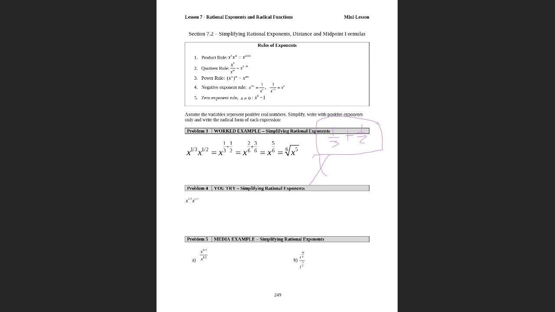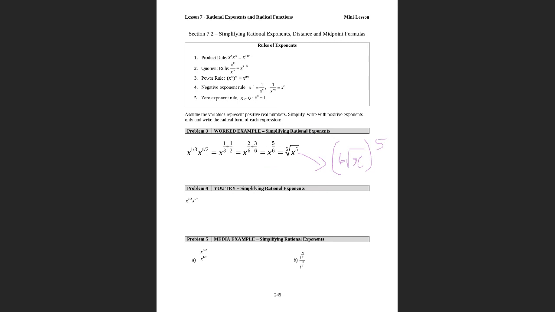And then you write it out as that. You know that the denominator here, the 6, is the root. So the 6th root, and then you have x to the 5th power. I already discussed previously that this is the same thing as the 6th root of x to the power 5.